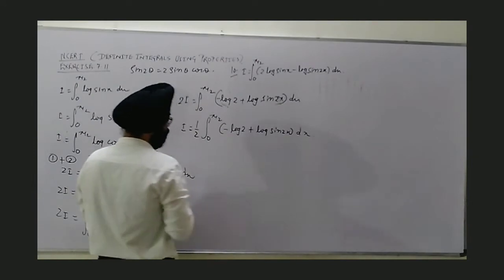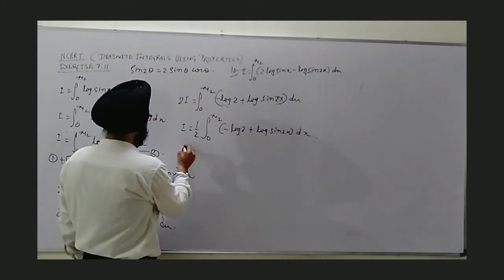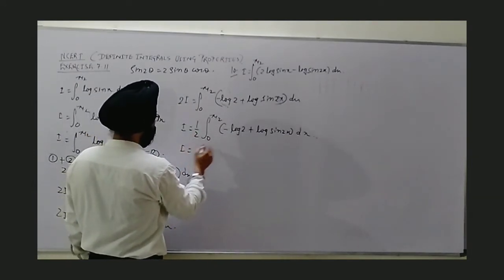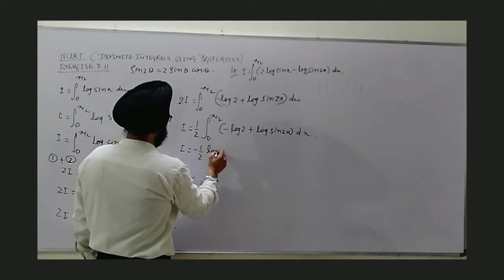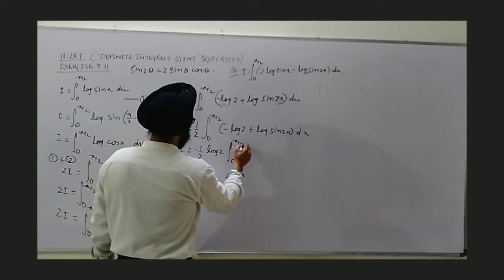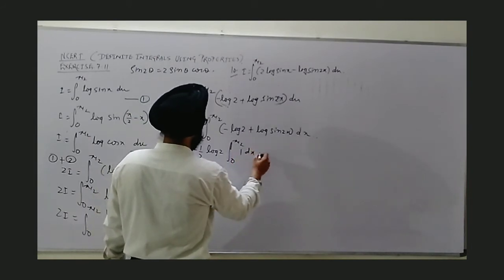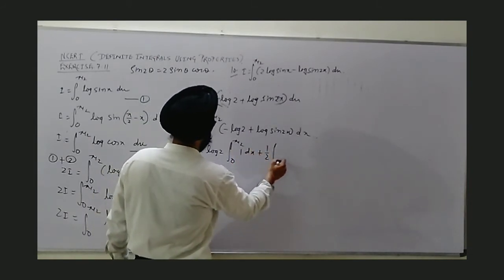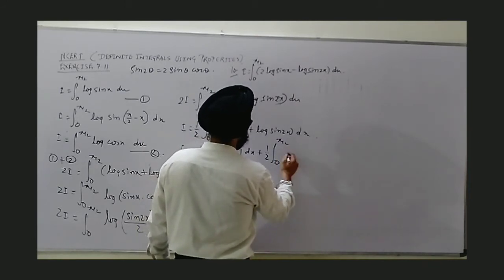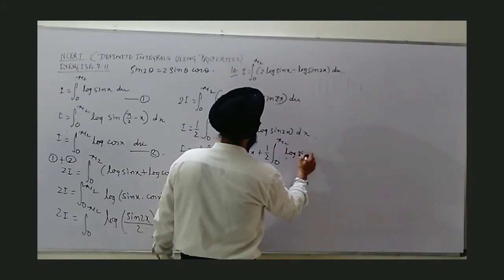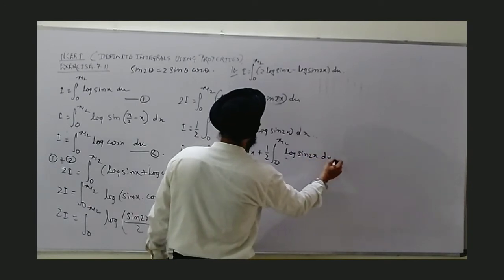Let me explain. This can be written as I equal to, taking log 2 common, minus half log 2 integral 0 to pi by 2 of 1 dx, plus half integral 0 to pi by 2 of log sin 2x dx.